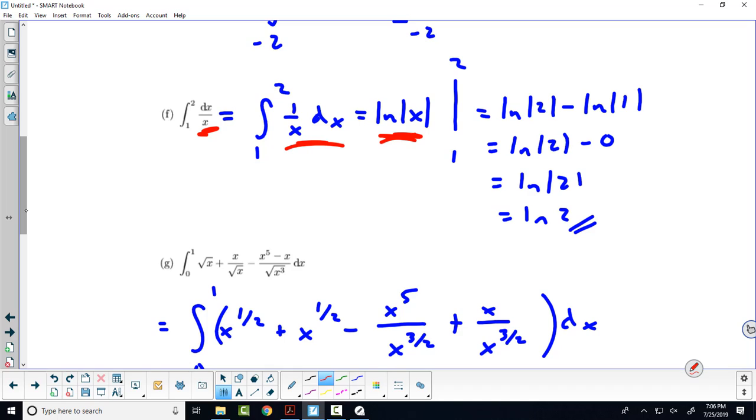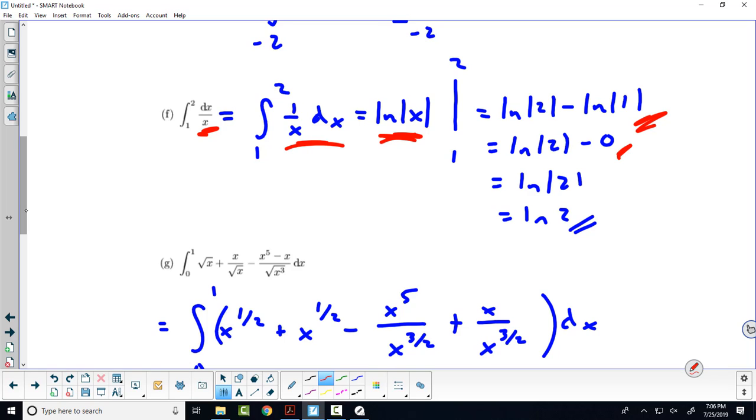Do you need that absolute value? Technically, in this problem, you don't. But if the limits of integration were negative, you would definitely need it or you wouldn't be able to evaluate it. Of course, the natural log of 1 is 0, and since 2 is already positive, do I need an absolute value in my final answer? No, you don't. But if you put it there, there's nothing wrong with that.